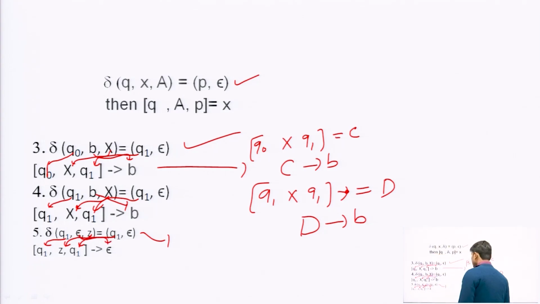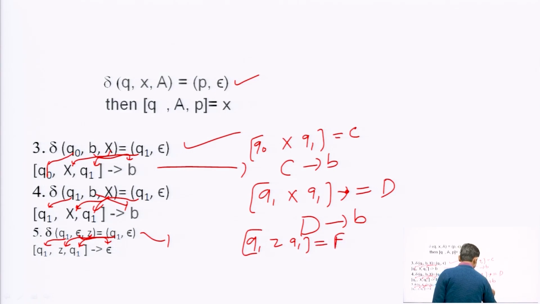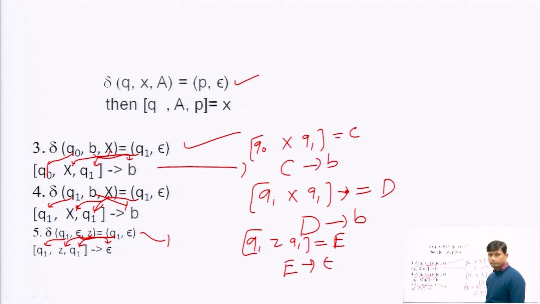Suppose we assume q1 z q1 as a variable E, then E2 epsilon. So for all pop operations there will be only one production, one epsilon production.